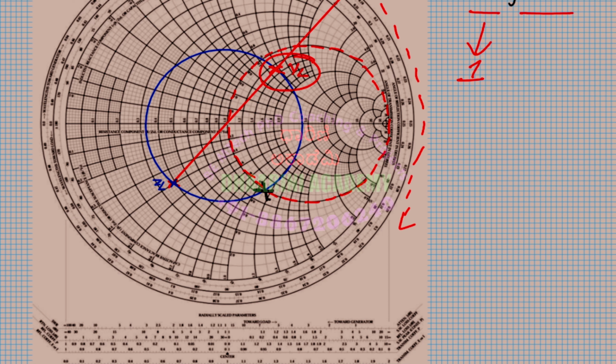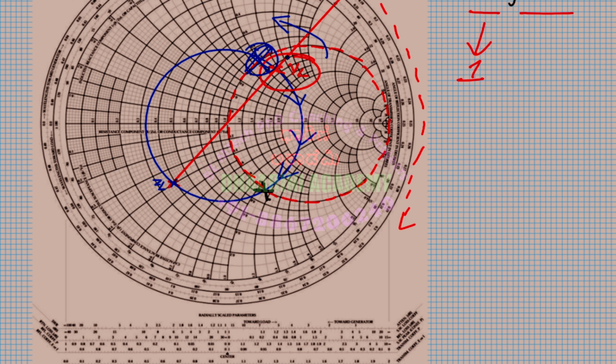Are you fine? So let me mark a point. What I did, you recall, is that I moved this YL towards the generator, that means clockwise, so that I intersect the r equal to 1 circle. If you want to mark over here, simply mark like this. I moved in this direction such that I reached this point. Which is the other point? You reach that point only if you move towards the load.